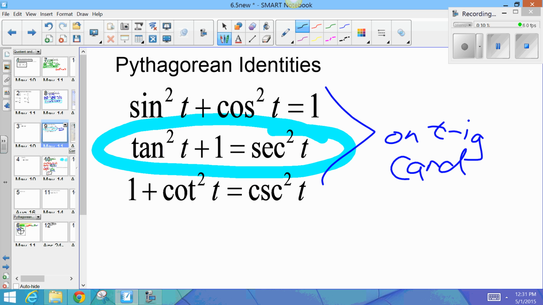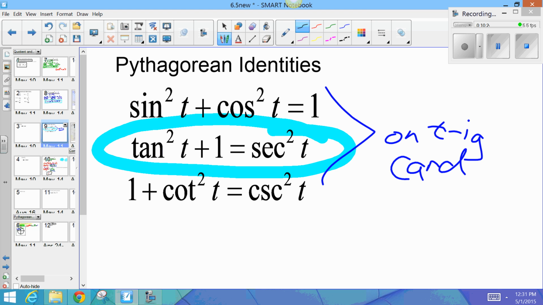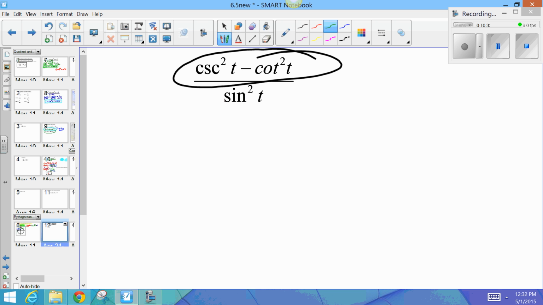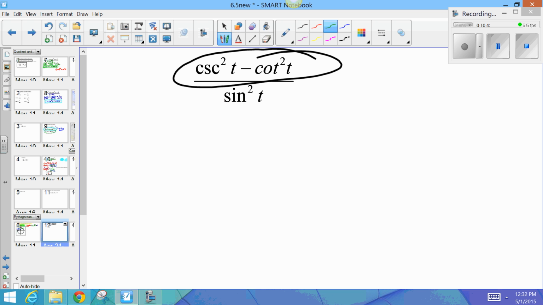There's one that has both cosecant squared and cotangent squared in it. Okay, cosecant squared and cotangent squared. Look at this one. All right. But in my problem, I've got cosecant squared subtract cotangent squared. Well, can I manipulate this to look like the other? Let me just put this all on one screen. Okay.